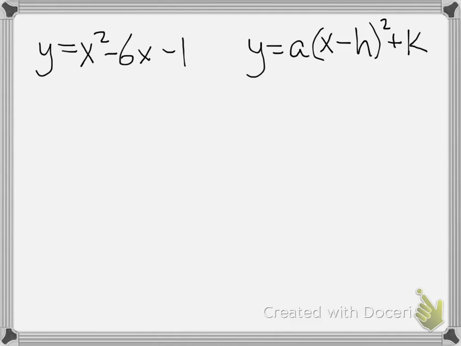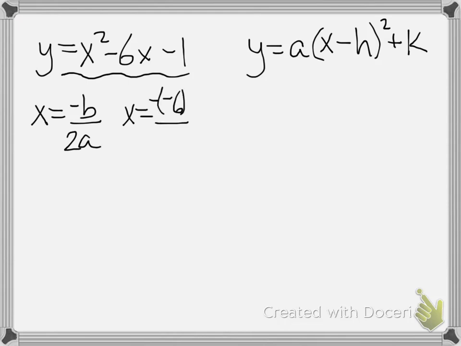Because this is in standard quadratic form, not in this form, I need to find the vertex first. So x equals -b over 2a, which you probably have memorized. I've said it a million times now. If I have -6 over 2 times 1, that's 6 over 2, and that's 3, so I get x equals 3.